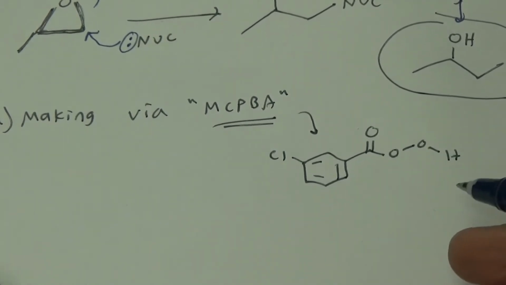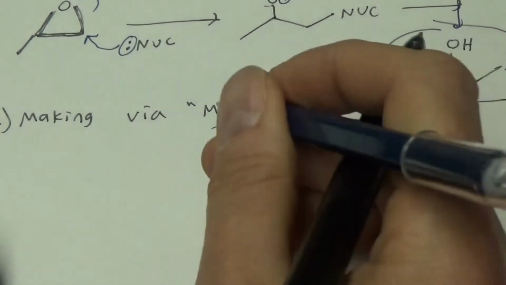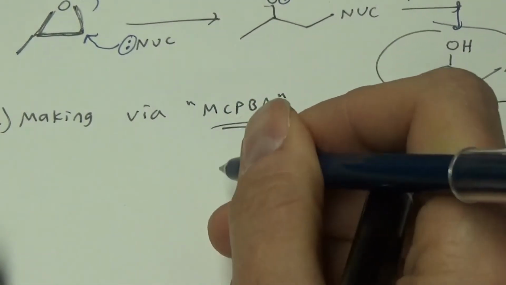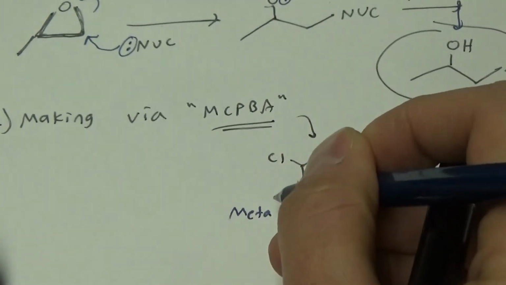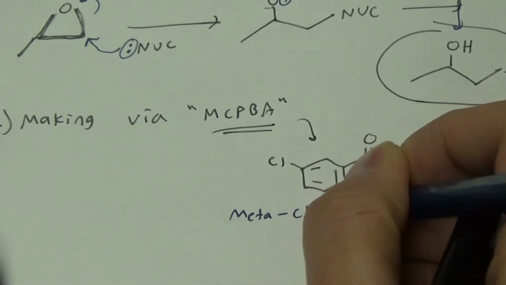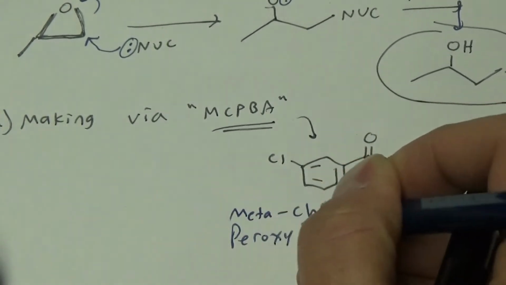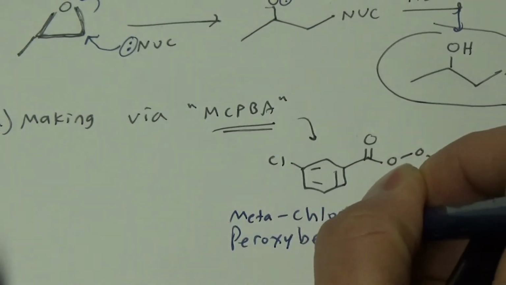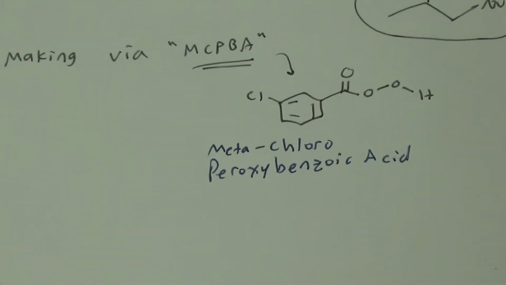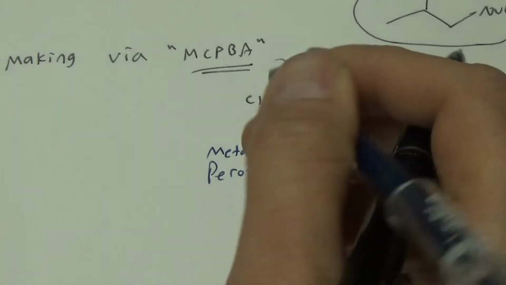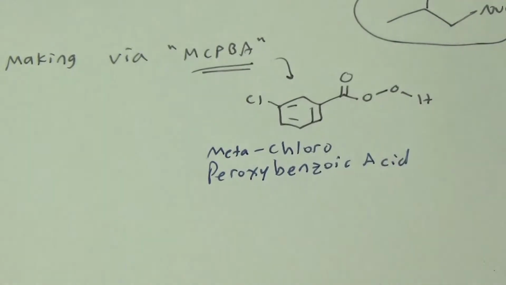It's called a peroxycarboxylic acid. So mCPBA stands for meta-chloroperoxybenzoic acid, mCPBA.